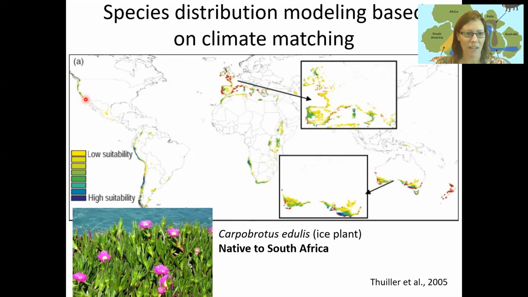So for example, the coast of Southern California, the coast of South America, and the coasts of Australia. And this is a model from highly suitable to less suitable that essentially identifies all of the Mediterranean climates of the world, because that tends to be where this particular plant does really well.